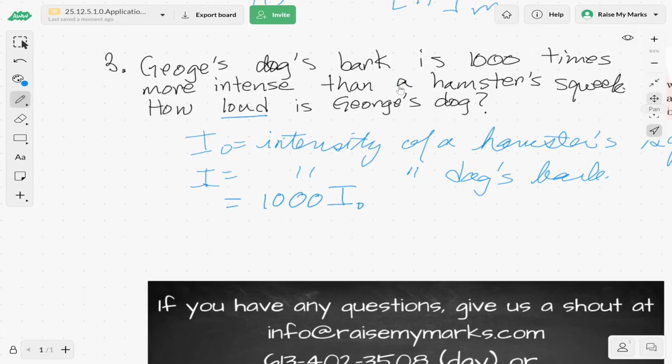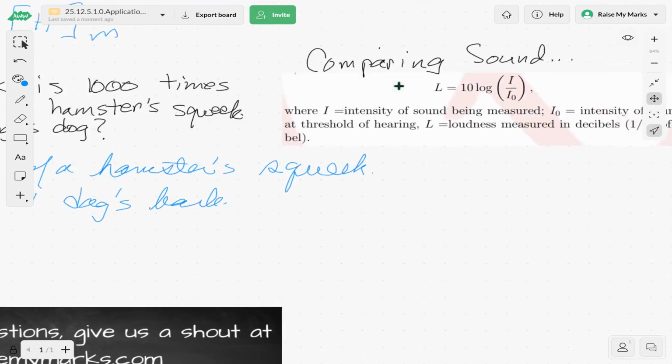So now we're asked to find how loud George's dog is. So this is where we use our sound formula. We're looking for L. So L equals 10 times log of I over I0. Let's plug in what we know about I and I0 regarding our dog and hamster.